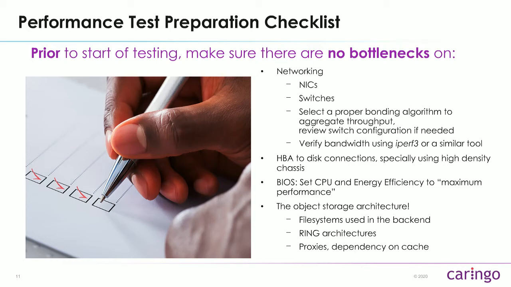Also switches and switch configuration. Make sure that there is no bottleneck on the switches as well, that you are not connecting 10 gigabit links to a 1 gigabit edge switch at some point or something like that. Again, something that we saw in the field. In this example with a media and entertainment company, we had a cluster running with multiple 10 gigabit links, and they were getting 1 gigabit throughput from a couple of 3 or 4 clients that they have in the office.